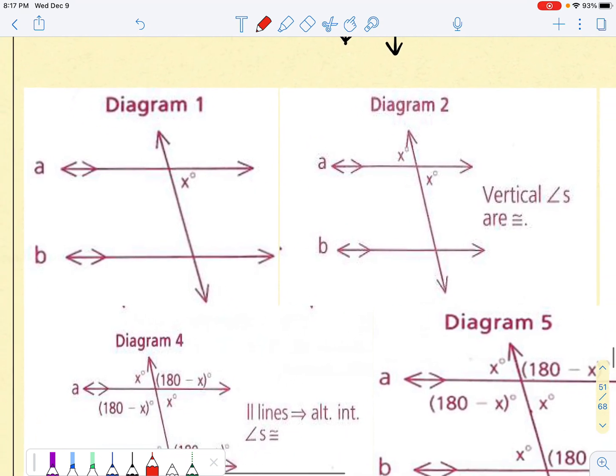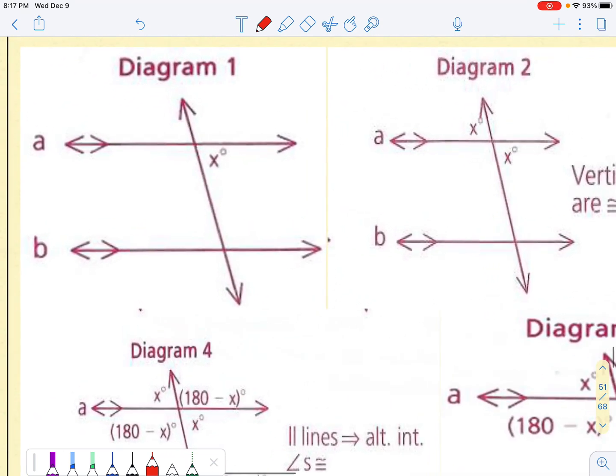In these diagrams here, we see lines are parallel, right? We see the mark there. So what other angle do we see as marked as x degrees? Well, that one is also x, this one is also x, and this one is also x. The rest of them are 180 minus x, correct?